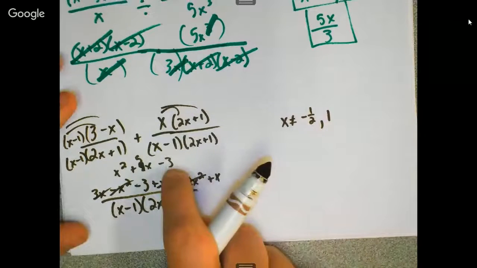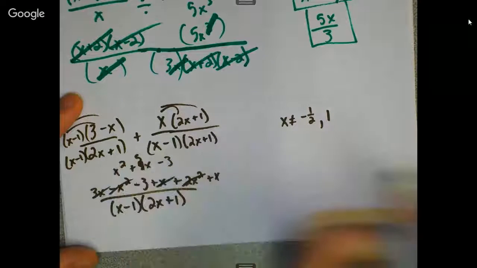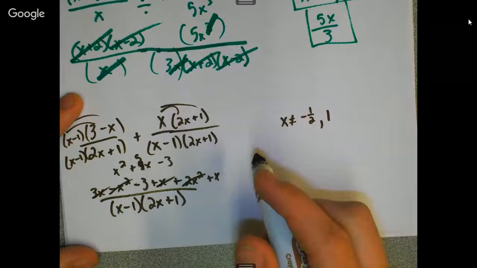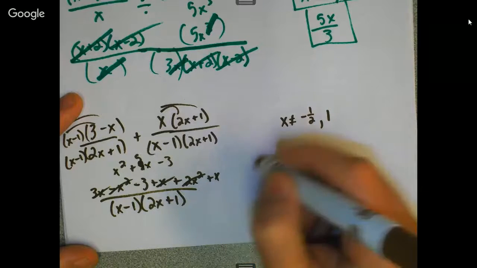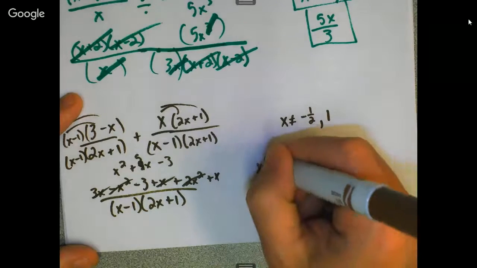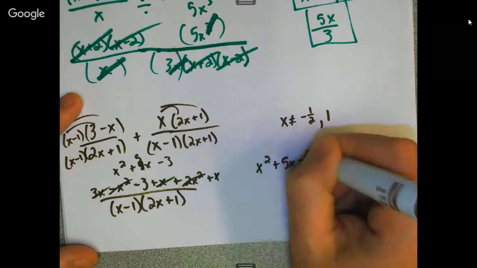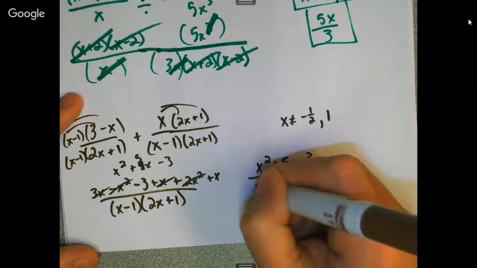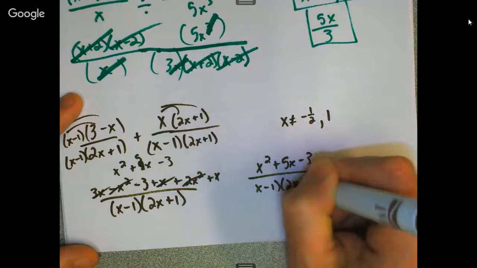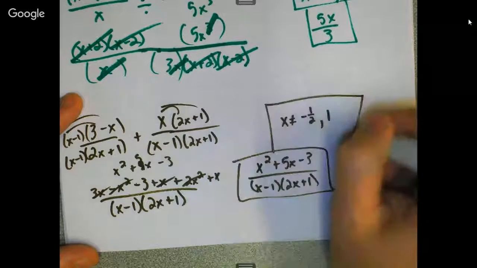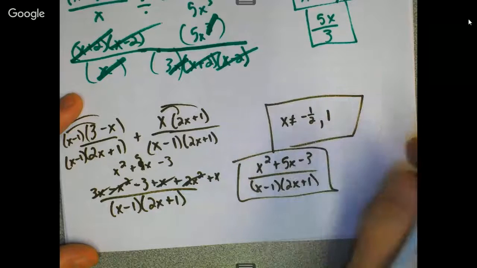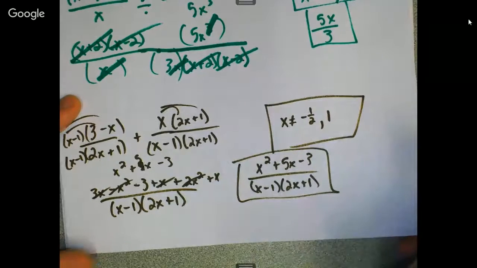Okay, and ask yourself again, factors of 3 that subtract 5. There aren't any. So we will write it out. x squared plus 5x minus 3 over x minus 1, 2x plus 1. And there we are. We have added them together.